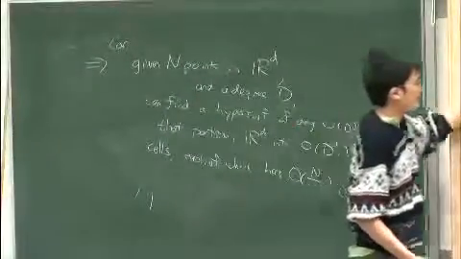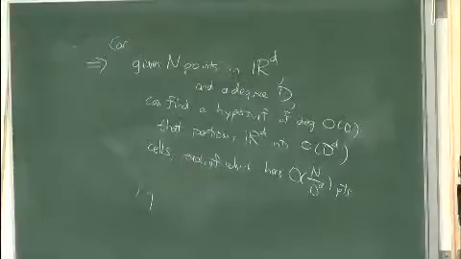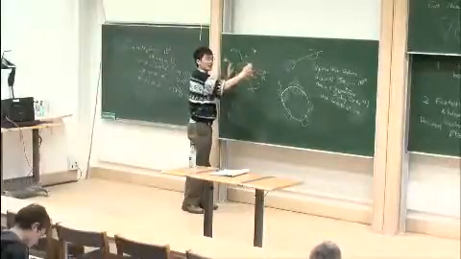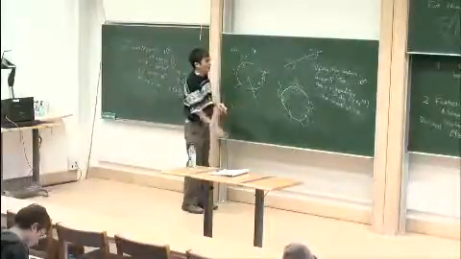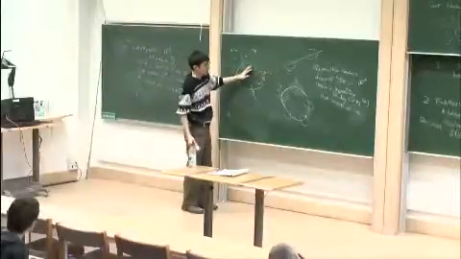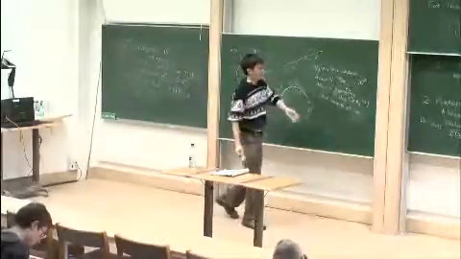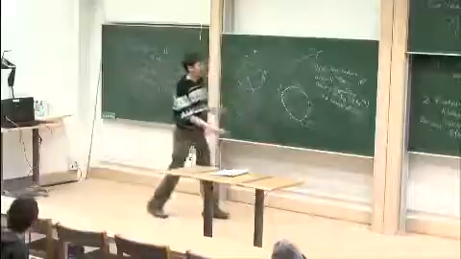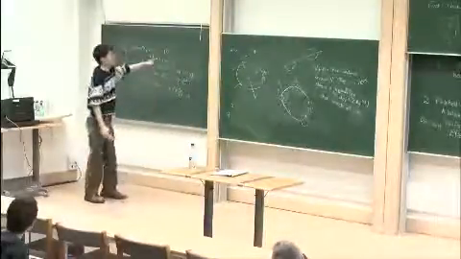So each of these lines only meets a small fraction of these cells, and so these cells don't really talk to each other very much. Because of that, you can work on each cell separately, get some bound, and then put it all together and get a better bound, and you get to pick d.